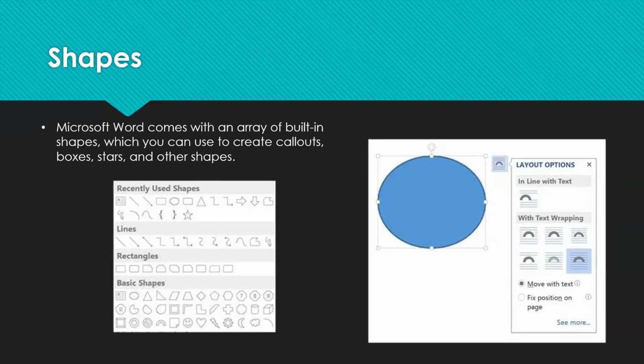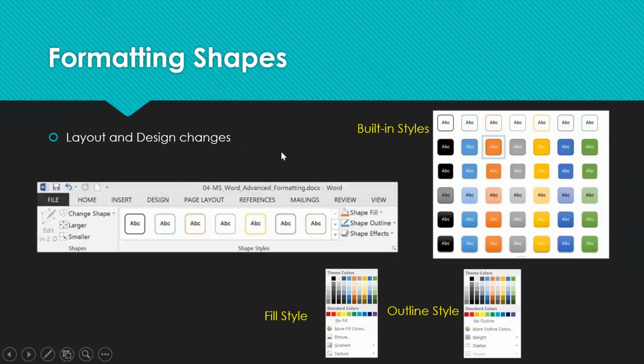Okay, so we saw how to resize the size of the image, and also we learned how to change the colors of the picture also. So then we saw layouts and changes.